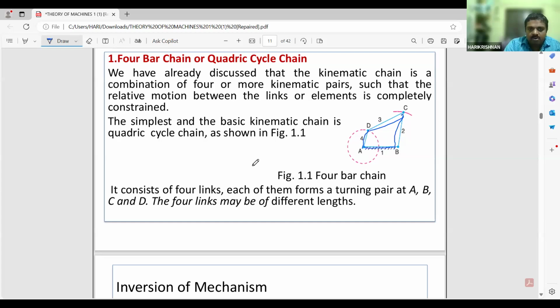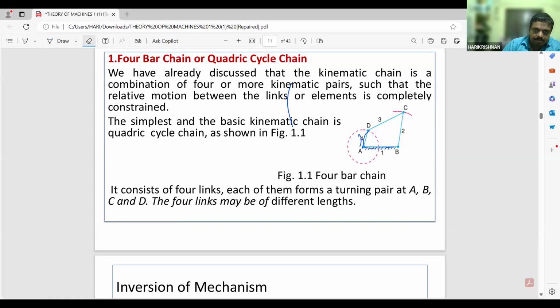So it consists of 4 links. The links are A, B, C, D. When this AD rotates, AD is known as the crank.